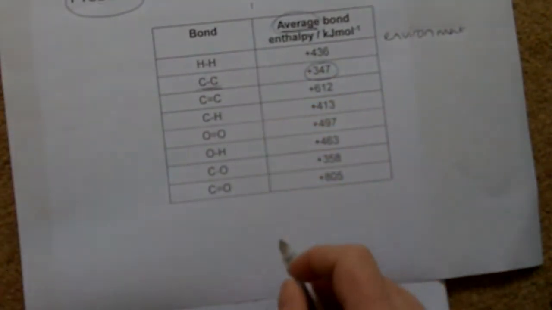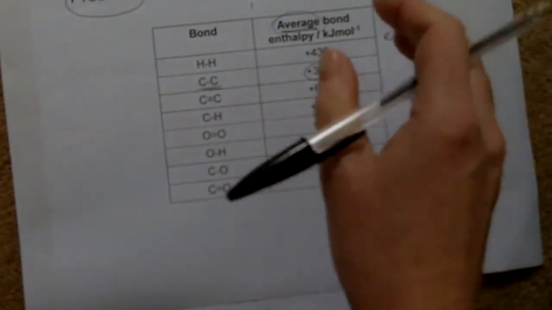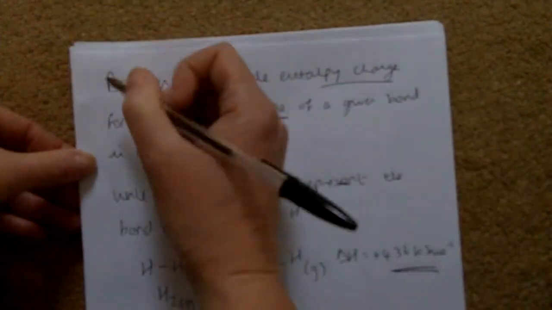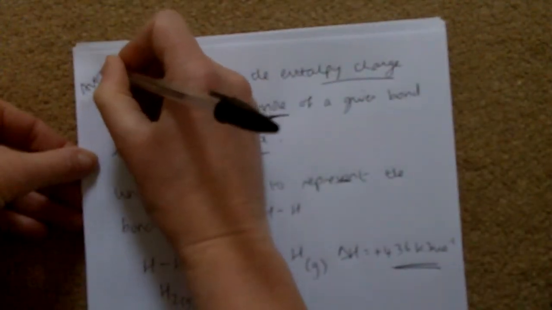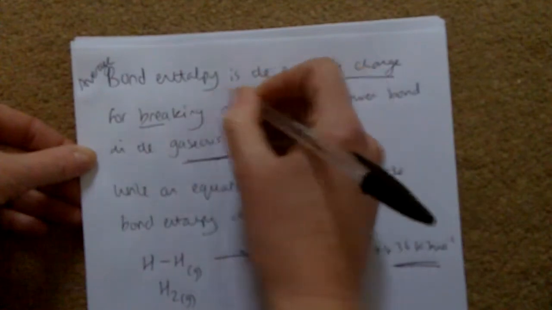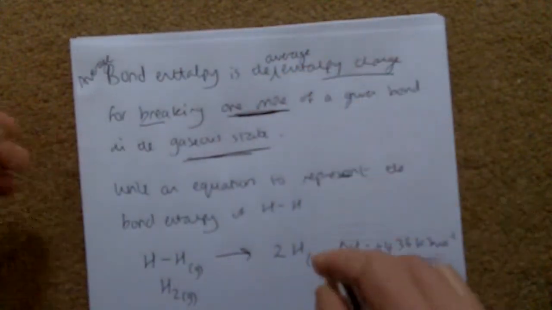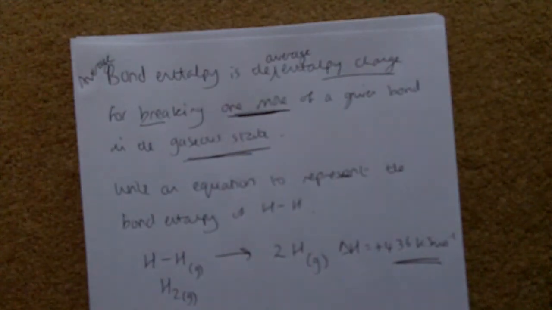So if you're asked for the definition of average bond enthalpy, all you need to do is change your original definition slightly. You just need to say it is the average enthalpy change for breaking 1 mole of a given bond in the gaseous state.